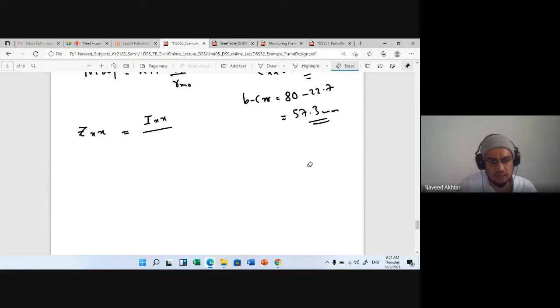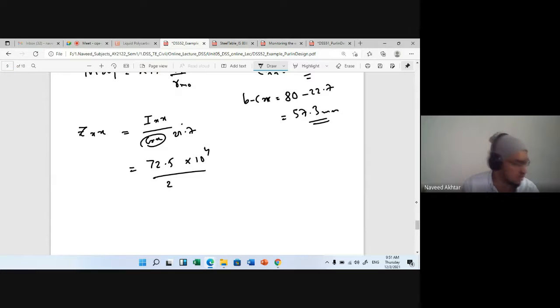Is equal to CXX into, so it will be 22.7. So it will be 72.5 into 10 raised to 4 upon 22.7, which is coming 31.94 into 10 raised to 3 mm cube.